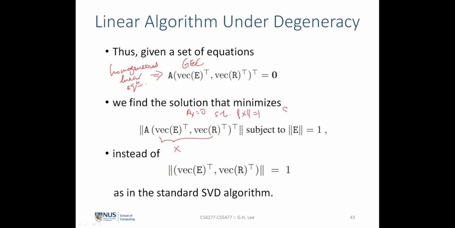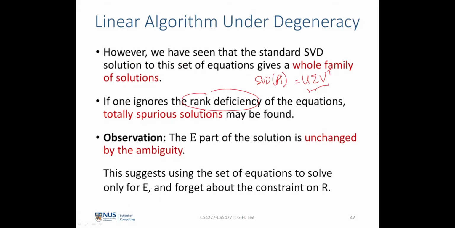If we simply take the SVD of A and solve for the solution from the SVD of A, that means we are doing this, but now we are not going to do this anymore, because we noted that under the degeneracy, the only thing that remains consistent is the solution for the essential matrix.